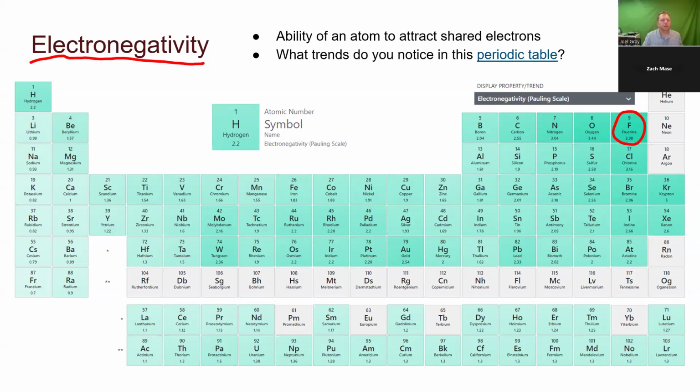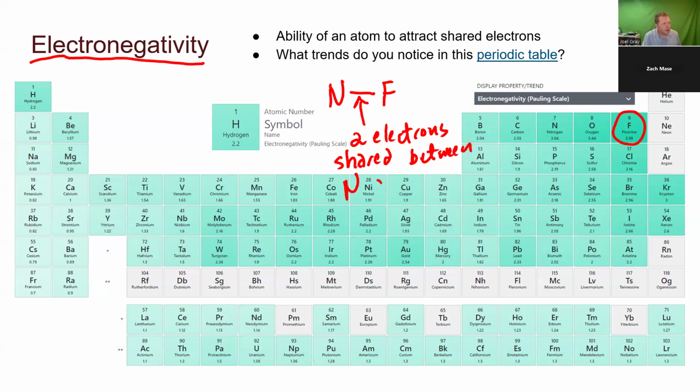Now, what does that mean? That means that when making a formula, so if I were to draw a line between N and F, this represents 2 electrons shared between a nitrogen atom and a fluorine atom.